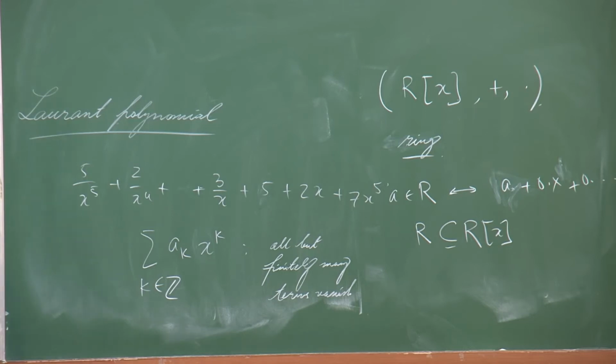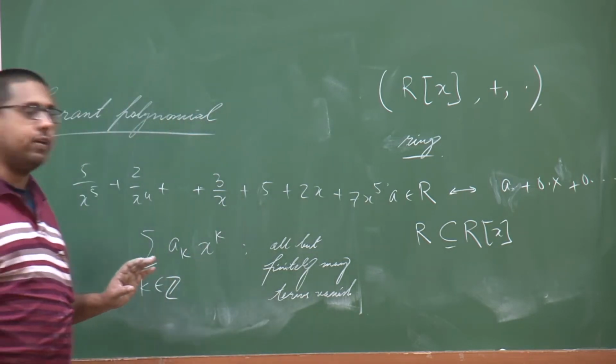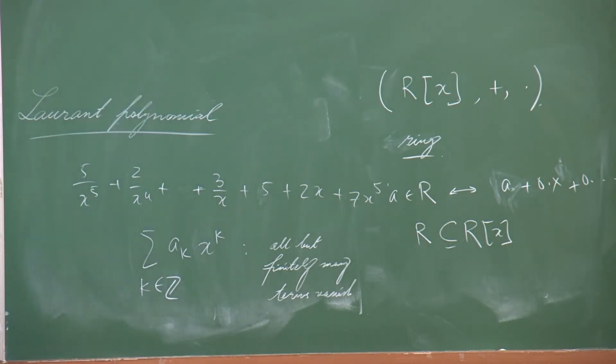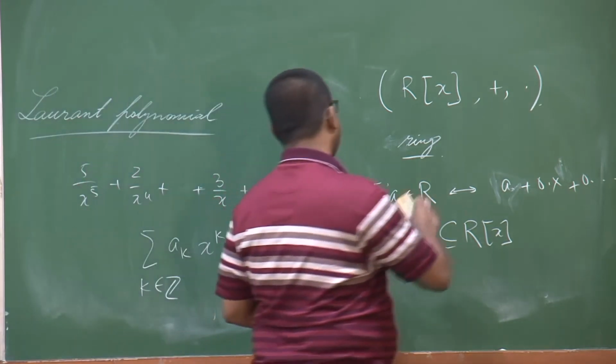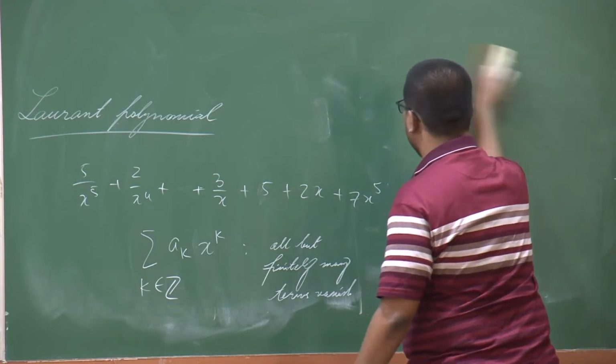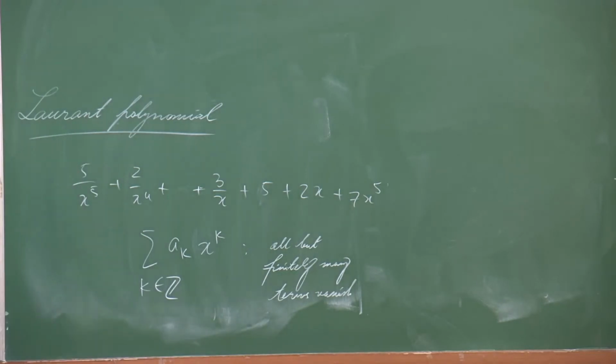Though it is formally a sequence, we will often forget that and write a Laurent polynomial like this. The addition of two Laurent polynomials is defined in the usual way, adding them coefficient-wise.